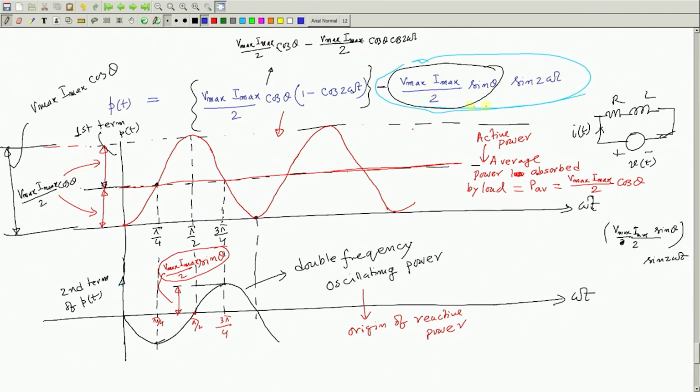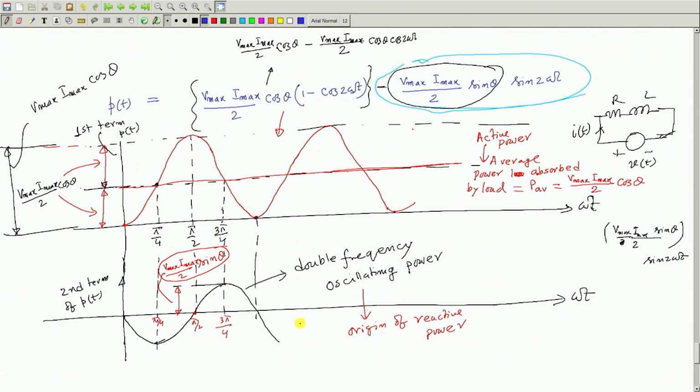And the second term only has sin 2 omega t, with no DC term added to it. So, it will have identical plus and minus excursion, and it will continue like that. So, sometimes the circuit will absorb power from the source, and in some other interval it will return the same power to the source. That power will never be consumed by the circuit.